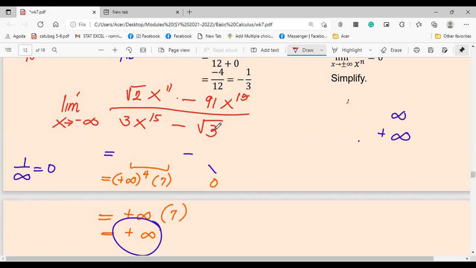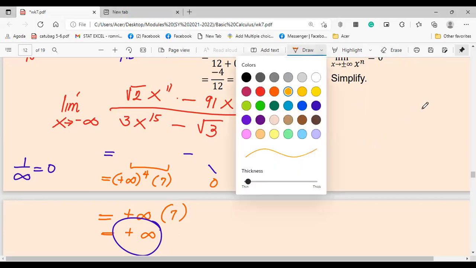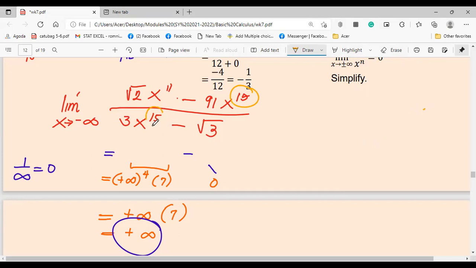What is the limit of square root of 2x raised to 11 minus 91x raised to 15 over 3x raised to 15 minus square root of 3? By inspection, titingnan mo kaagad at kapansin-pansin na pantay ang highest exponent ng dalawa.